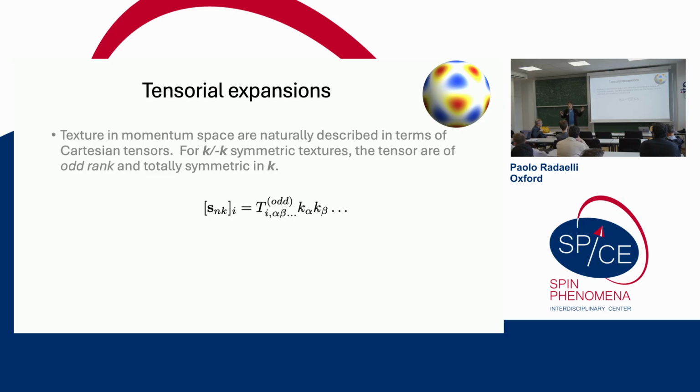And the odd tensors are not allowed in presence of time reversal symmetry. And the even tensors are not allowed in presence of parity. So you just separate them. I'll show you later in the talk. You know this just by simple consideration of time reversal and parity. You don't have to go into higher symmetry to understand this decomposition.